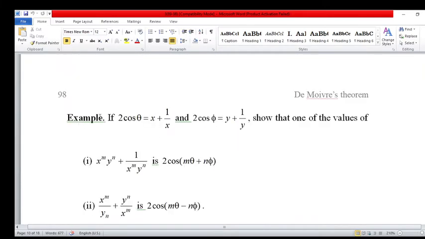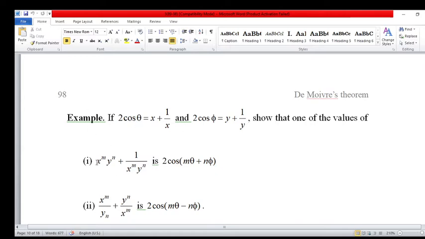Now the second example is that again the same condition is given. First is 2 cos theta is equal to x plus 1 upon x. Second condition is 2 cos phi is equal to y plus 1 upon y.